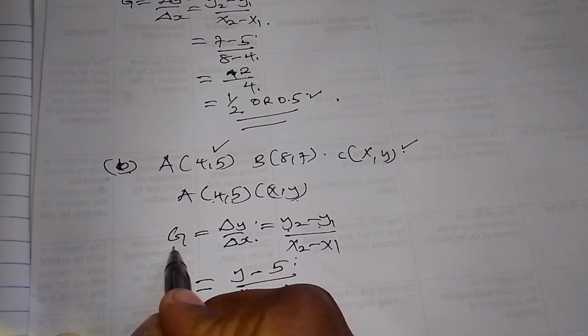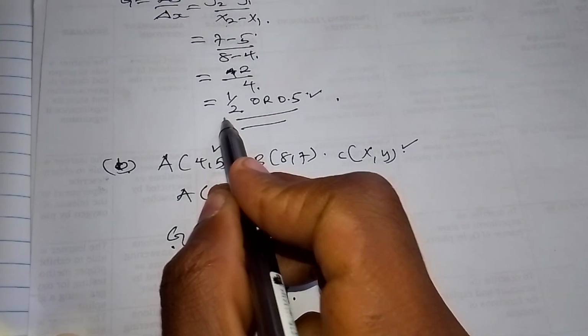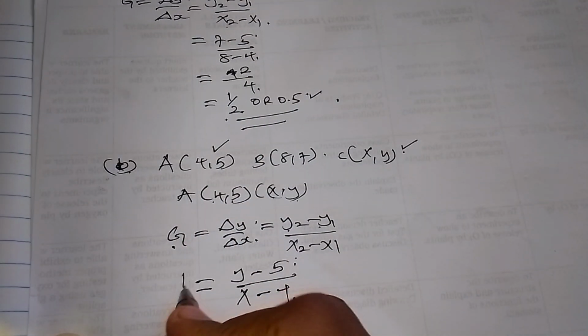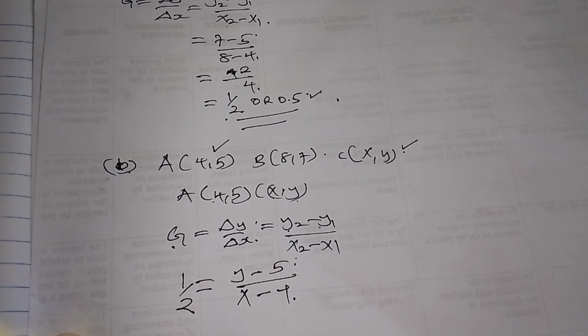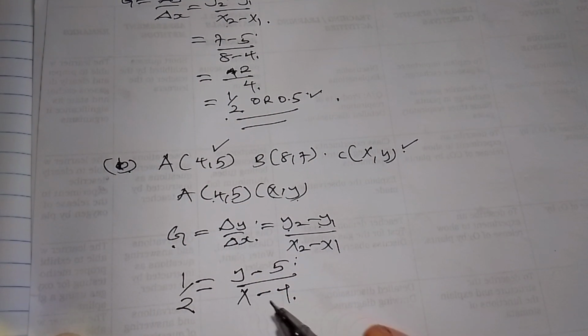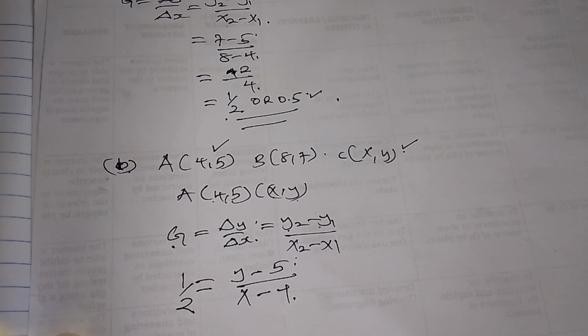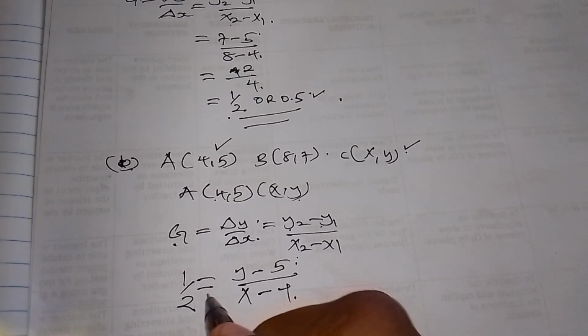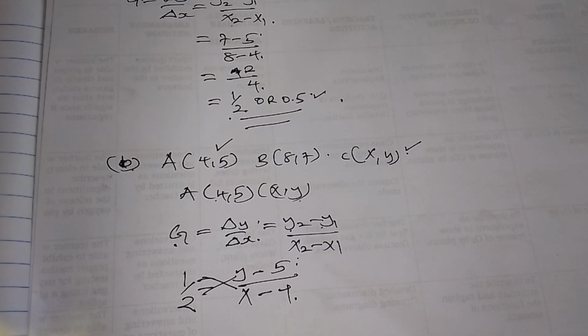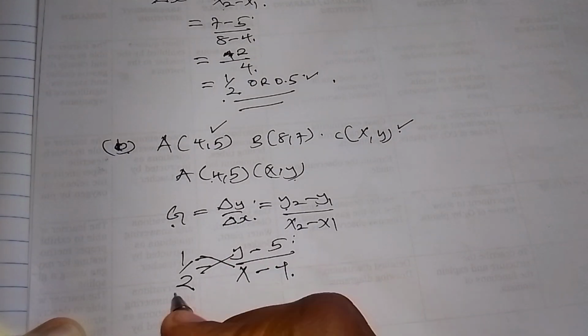But remember, our gradient was a half, 1 over 2. We want to write the equation in the form y = mx + c, as we have been instructed. Now, let us cross multiply so that we simplify the whole thing.